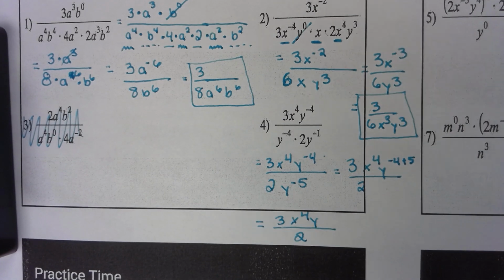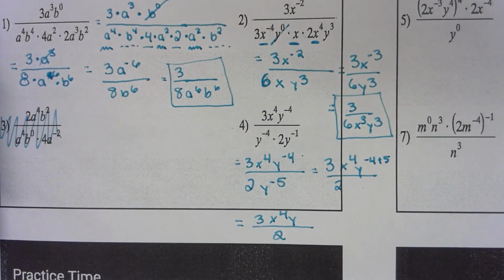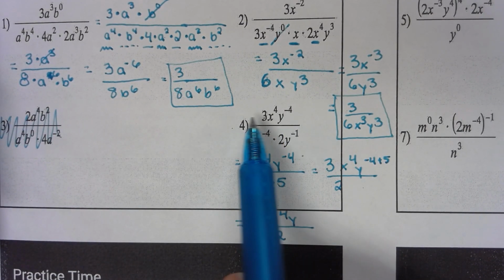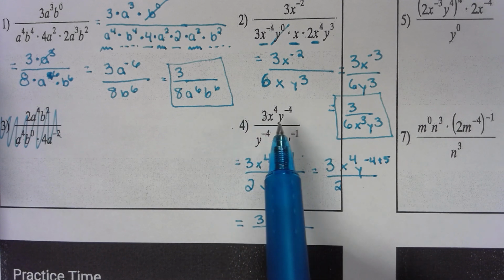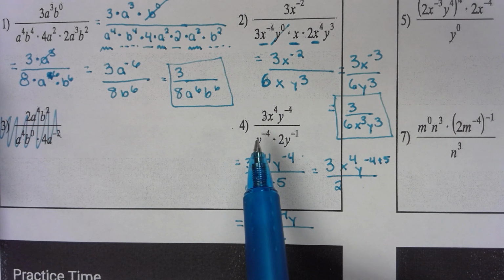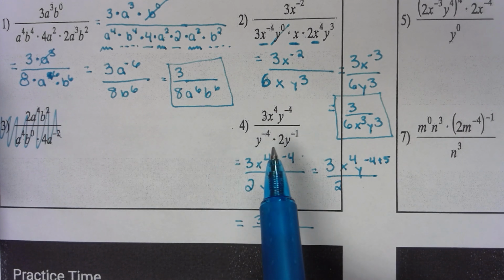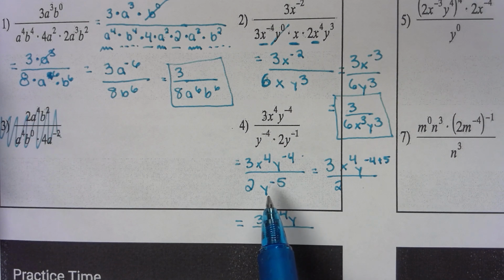And the first thing that I'm doing, I'm just checking each numerator and denominator, seeing if I can simplify them separately. Numerator, there aren't any bases that I can combine. In the denominator, I can combine y to the negative 4 and y to the negative 1 by adding them. So that's how I got this 2y to the negative 5.